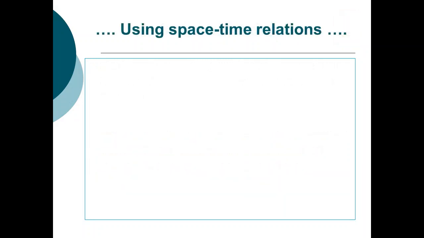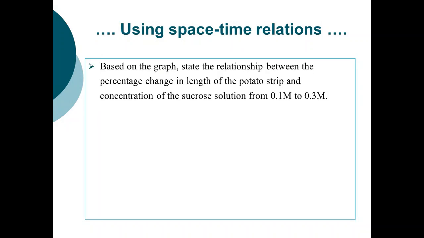After drawing the graph, then we can state the relationship between the MV and the RV based on the graph plotted. Now, please look at the question. Based on the graph, state the relationship between the percentage change in length of the potato strip and concentration of the sucrose solution from 0.1 M to 0.3 M. So how do we answer this question?